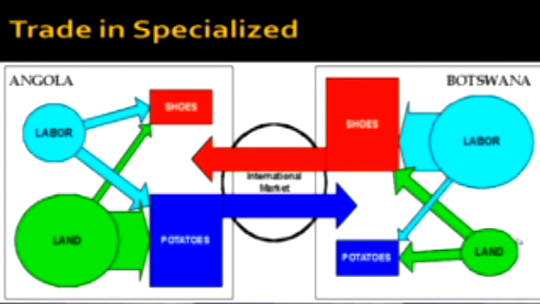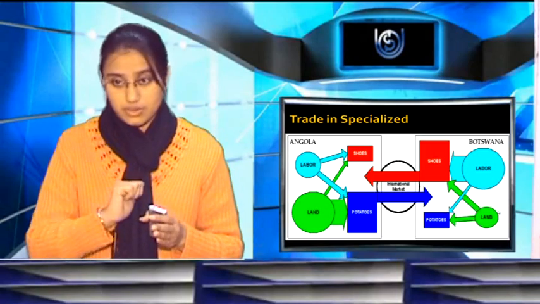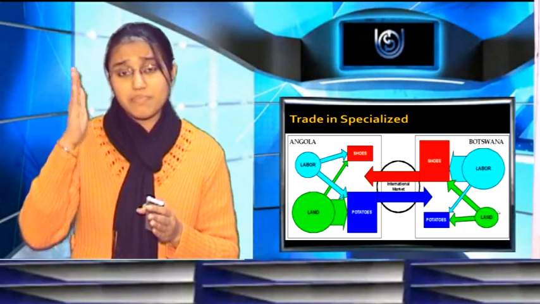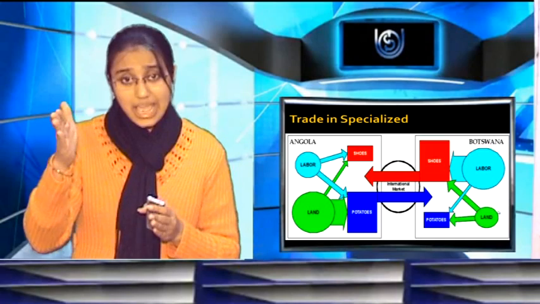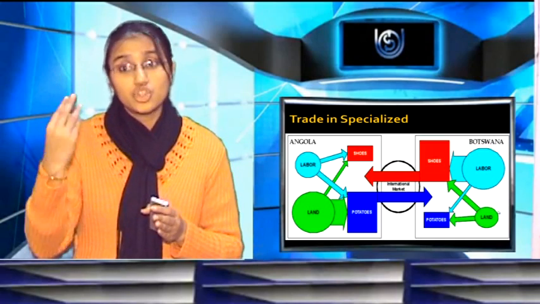Now, trade in specialized goods. That means country A specializes in making potatoes because that country is full-fledged with land, so they are good in agriculture and make potatoes. Whereas country B is good in labor, that is labor-intensive, and is good in producing shoes.